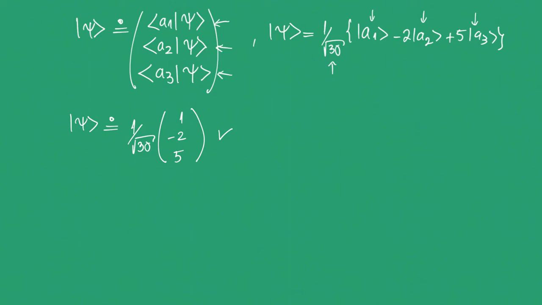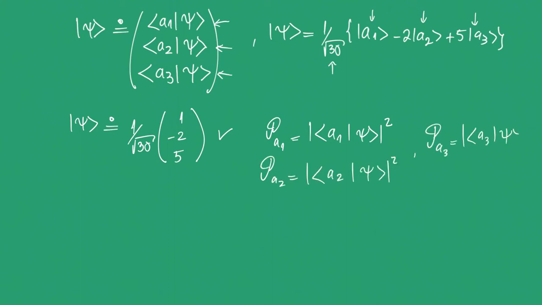We can also calculate the probabilities of all possible measurement results of the observable A, and this probability, as calculated before, is given by this expression. Probability of finding A1 is given by this expression. Probability of finding A2. We already have all the results for the calculations.